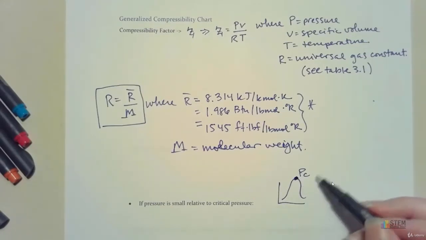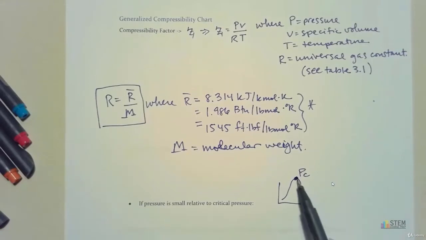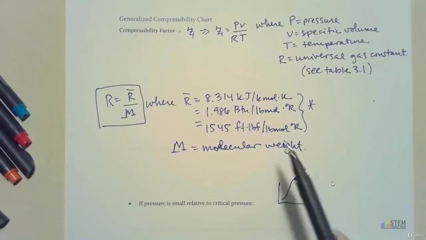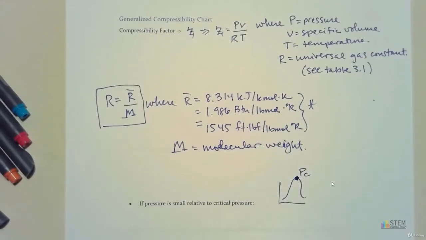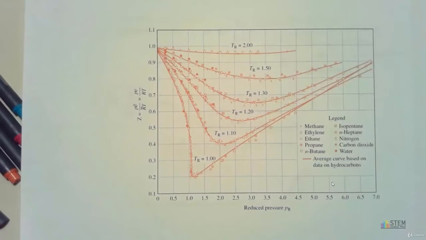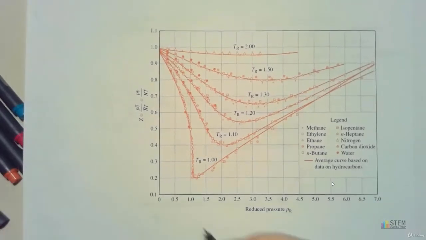If the pressure of our system is small relative to this value right here, then Z, our compressibility factor, is going to be equal to 1. And to look at this, let's look at this little figure. This is a figure in the book.